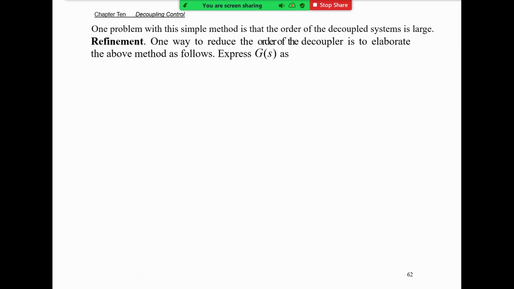But one problem with this simple method is that the order of the decoupled system may be big. So there is a refinement of this method. One way to reduce the order of the decoupler is to express the transfer function matrix in a different way. We don't use the overall least common denominator. We can use the least common denominator for each row separately.